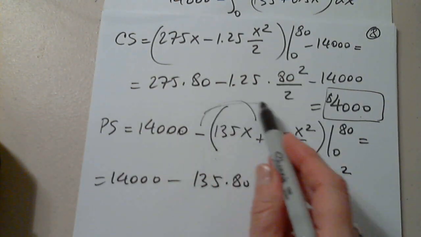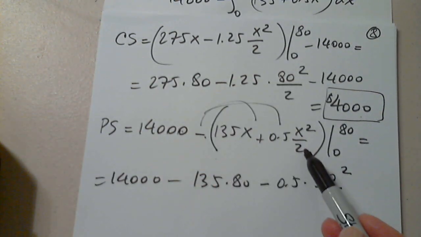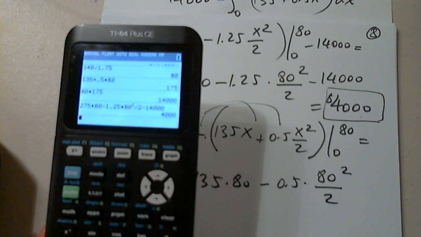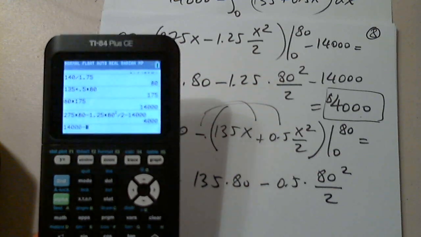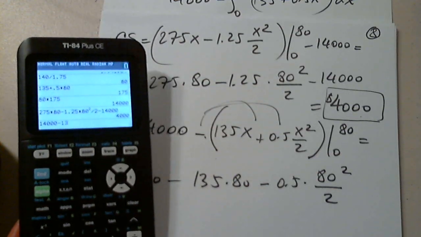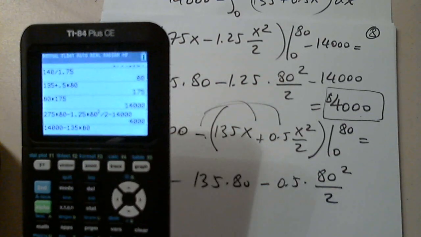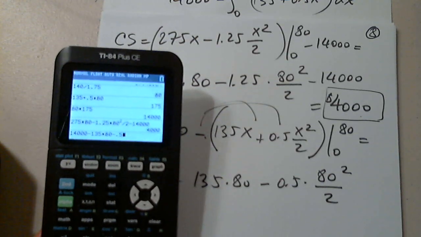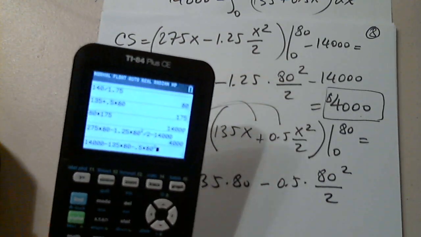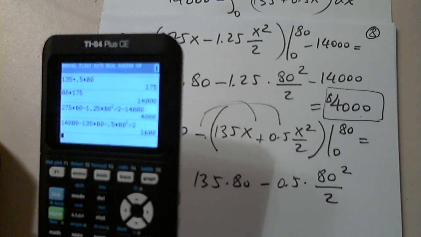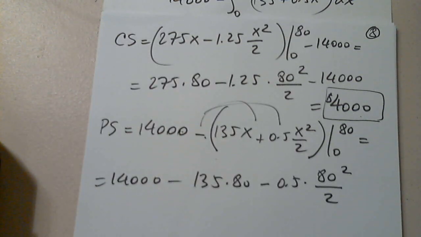We have to distribute the negative sign to both terms. Okay, ready? 14,000 minus 135 times 80 and minus 0.5 times 80 squared divided by 2. I got 1600.